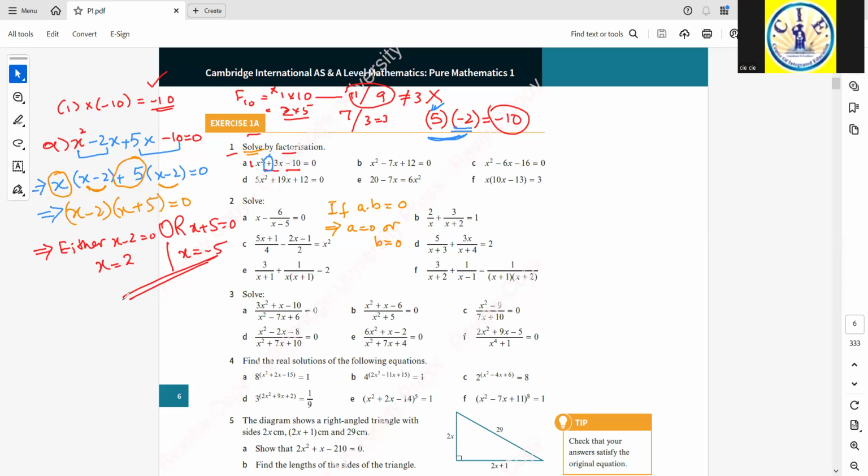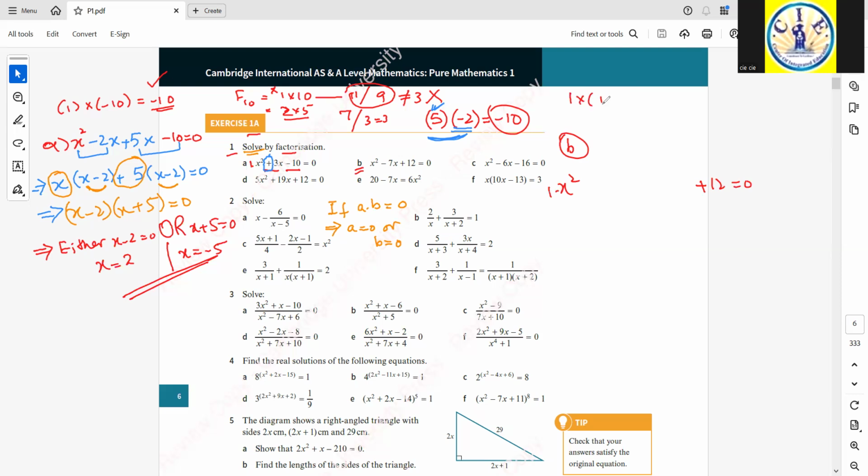Now it's part B. In the same way, I can have x squared plus 12, the same. The coefficient of x squared is 1.